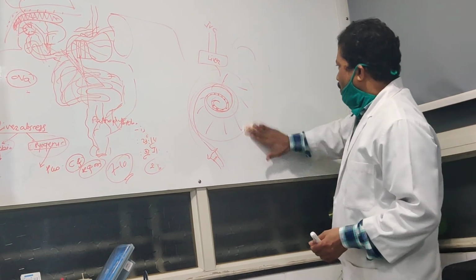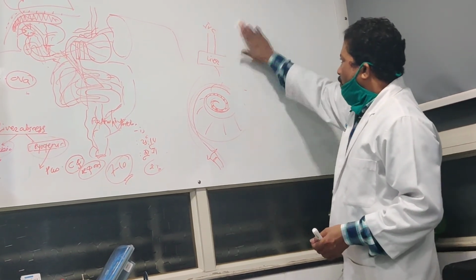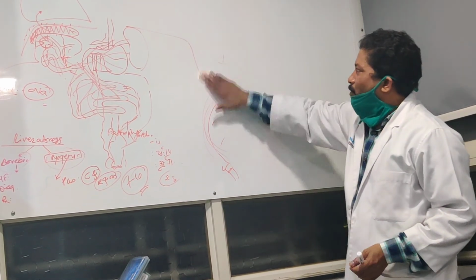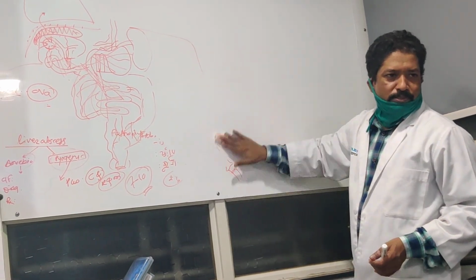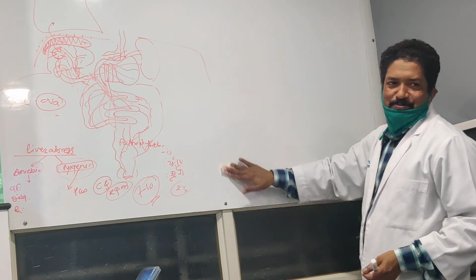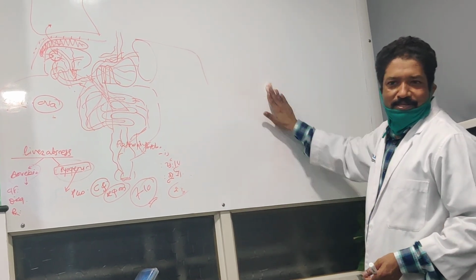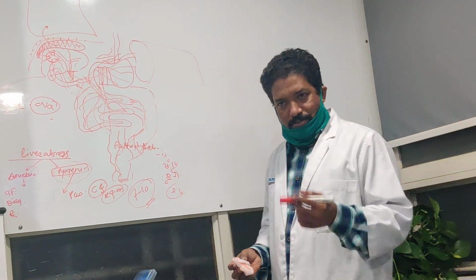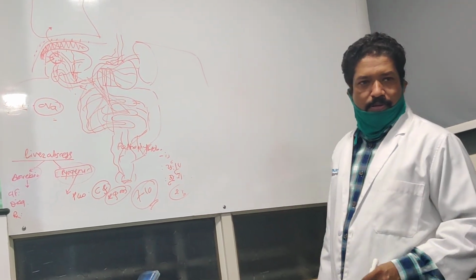This is the pigtail catheterization. So today we can go for pigtail catheterization for the cure, for your concept clarity. There is no harm. At least it will be drained out.